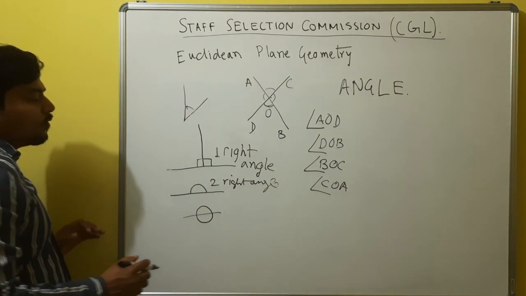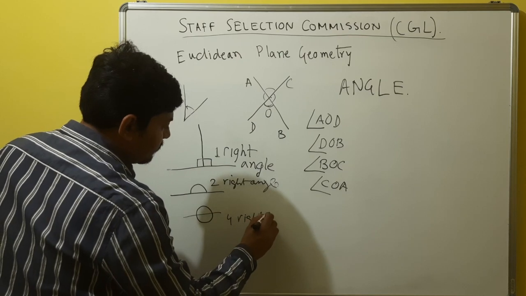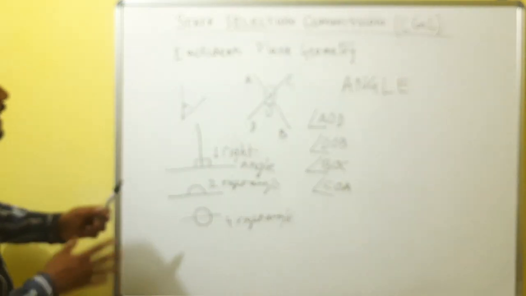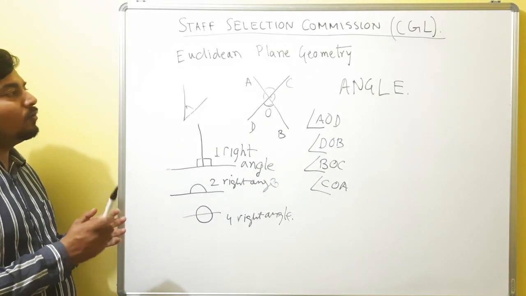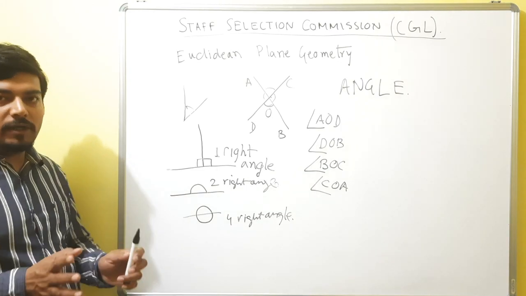Then it's four right angles. So this is the initial understanding of angles. Okay. Now there are several different angles, and we are going to learn those in the next class. Let's meet in the next class.